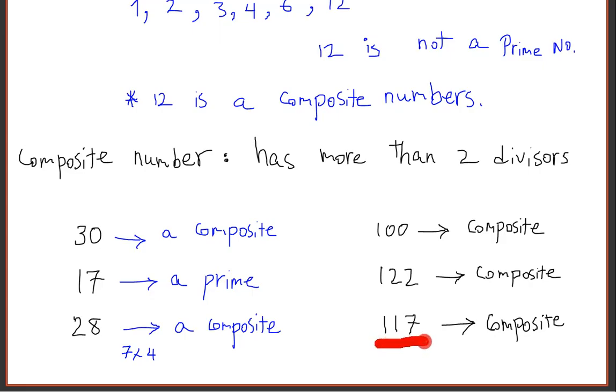It is divisible by 9. Therefore, it has more than 2 divisors, so it is composite. We don't care how many divisors it has, but because we know it has divisors other than 1 and itself, it's a composite number. That is enough for us.